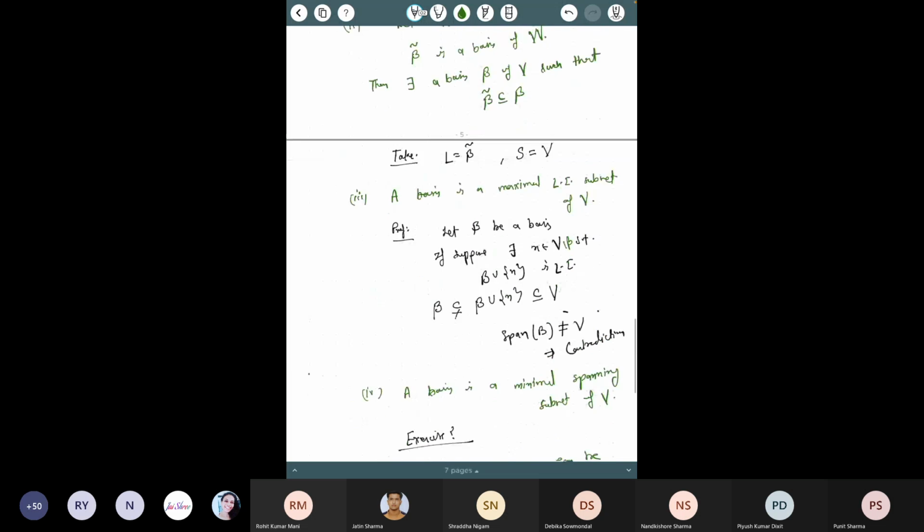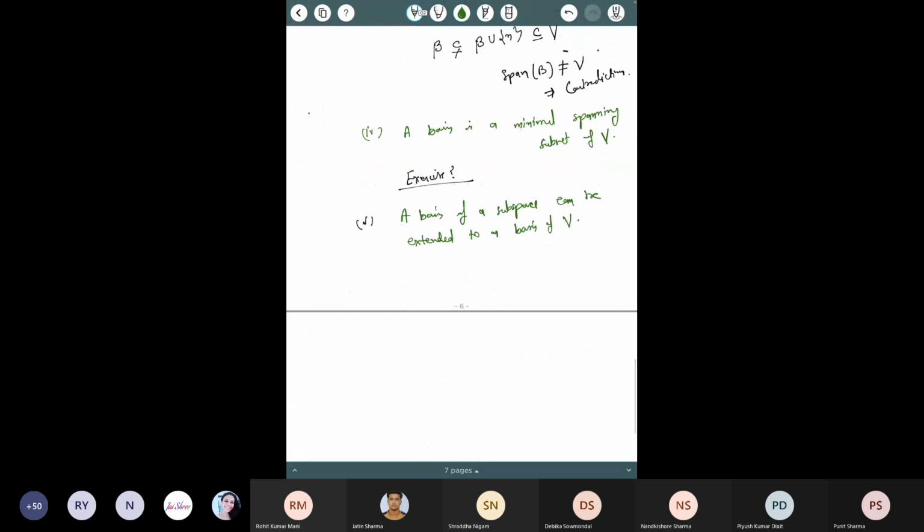When I say that a basis of a subspace can be extended, what do I mean? It means that if we have B tilde, a basis of a subspace, let's say W, then there exists a basis B of V that contains B tilde.